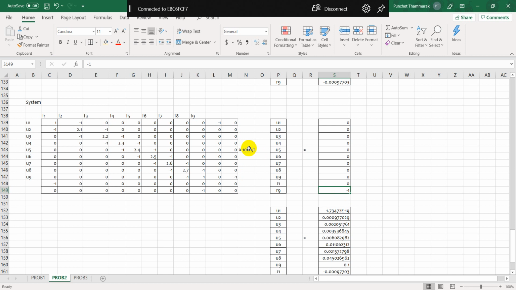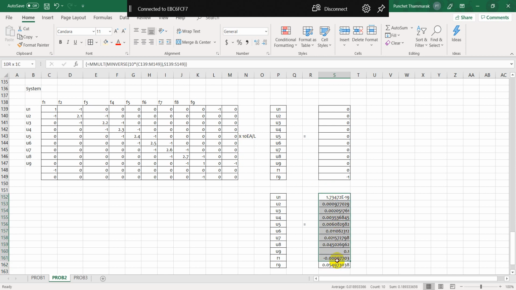No. Because when we do the calculations here, the 10 is already in there. That means what you have outside is EA over L, not the 10 EA over L, right? Yeah. It is absorbed in these operations already. So we will not have to multiply by 10 again.